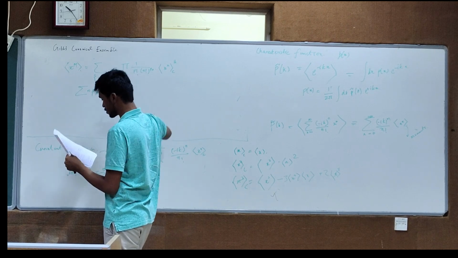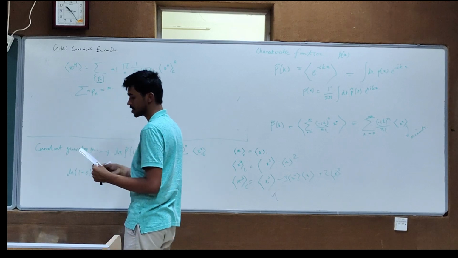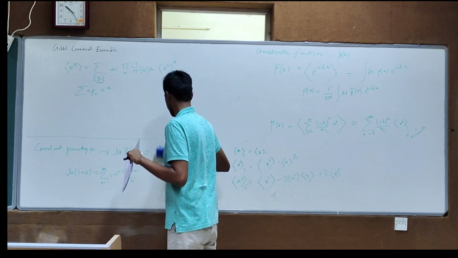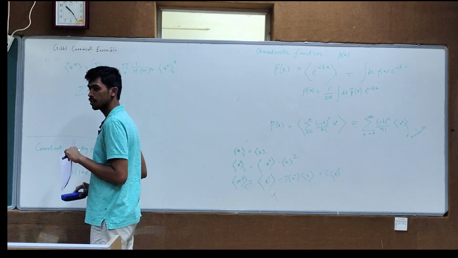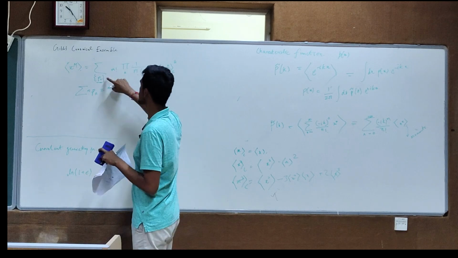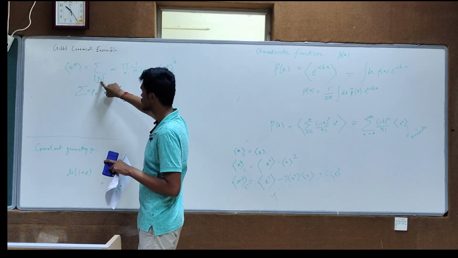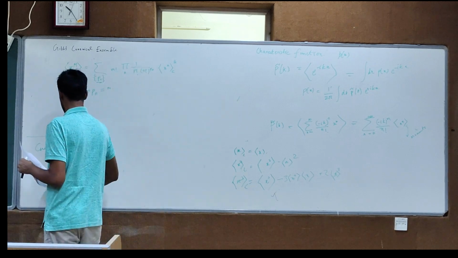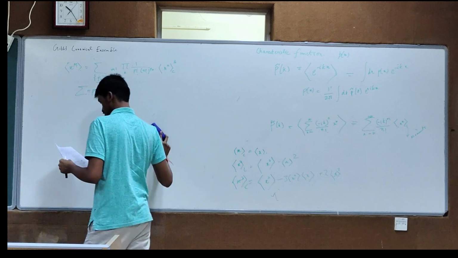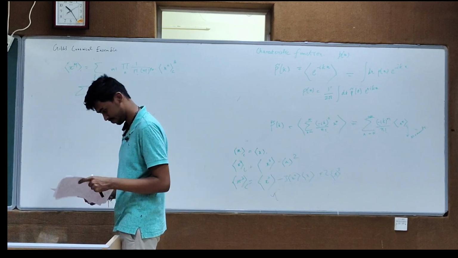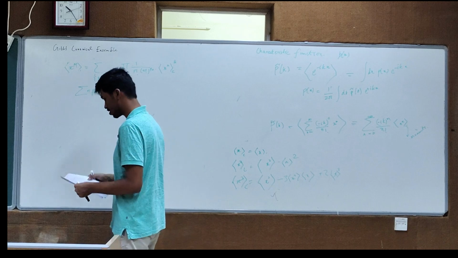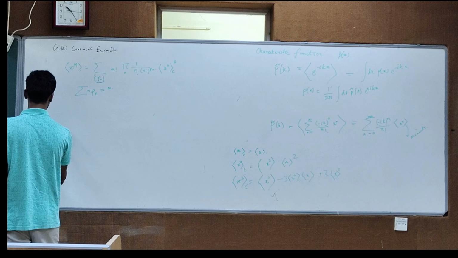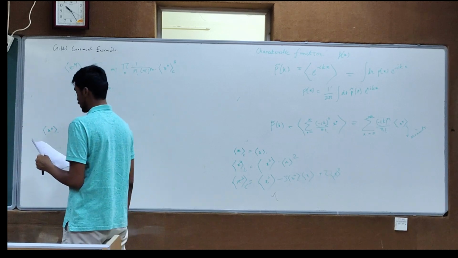This has a diagrammatic representation. I can show that to you. This is a summation over all sets p_n such that this is true. For example, let's try to calculate the x to the power 4 moment.